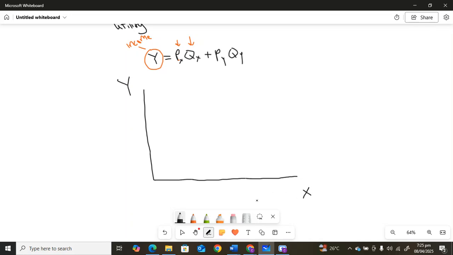Right? So the budget line, you can say, it's just a straight line like this. Here, this is our x-intercept.